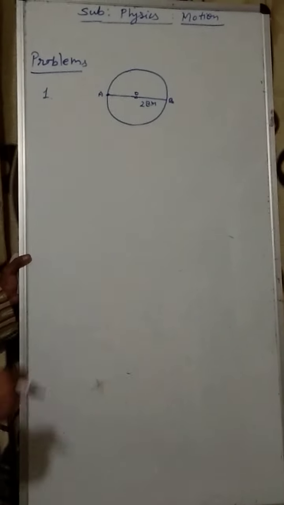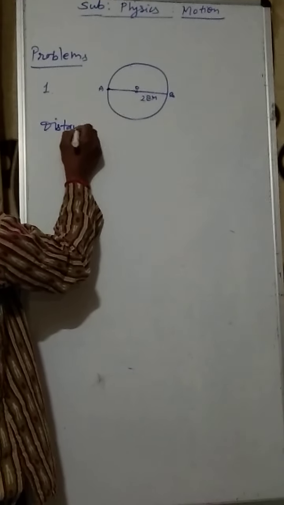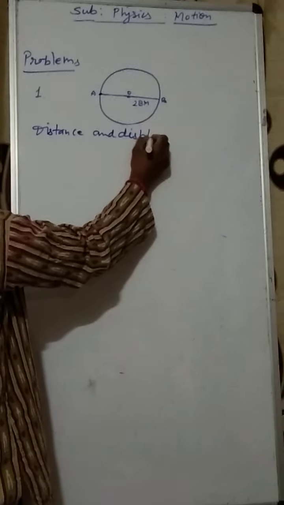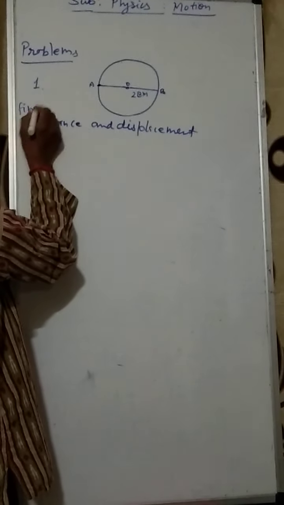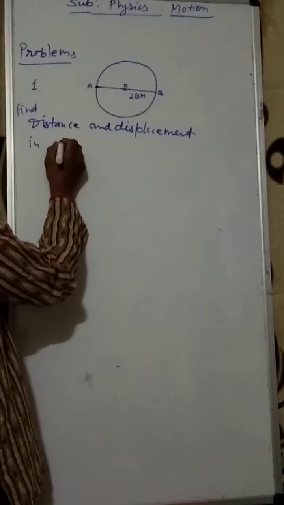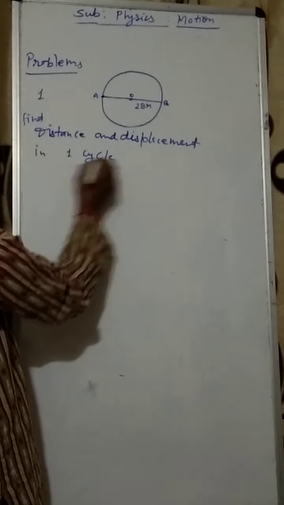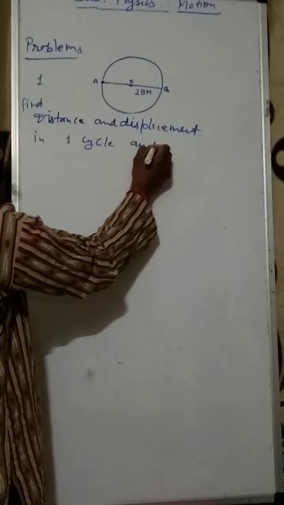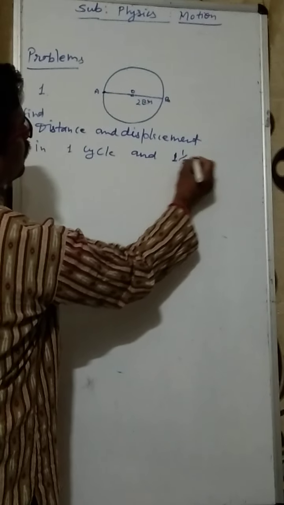Here you have to find distance and displacement in one cycle and 1.5 cycle.